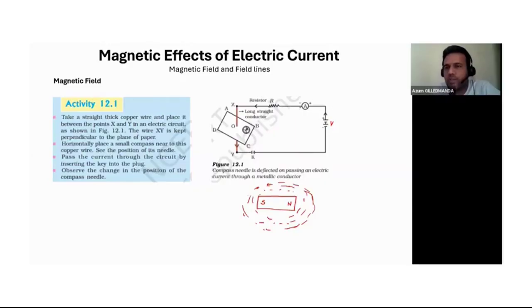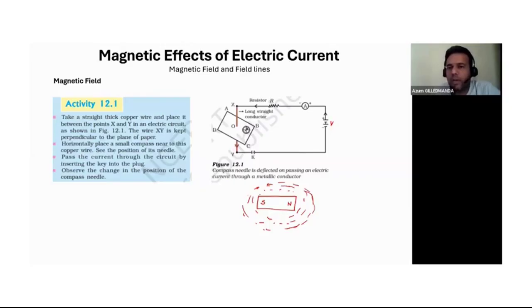You can see some reading in the ammeter, and then the current passes the resistor, and then passes through the wire X and Y. We need to place a compass near this. At the middle of the wire, you just put some cardboard or a paper, to see how that magnetic effect is created when the current is passing through this wire.